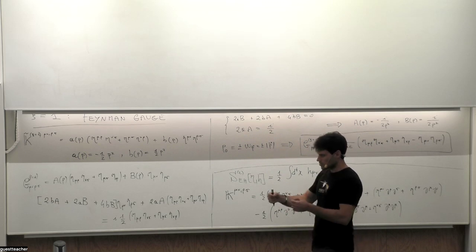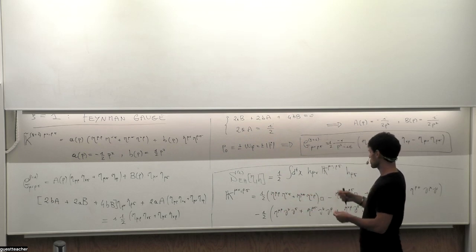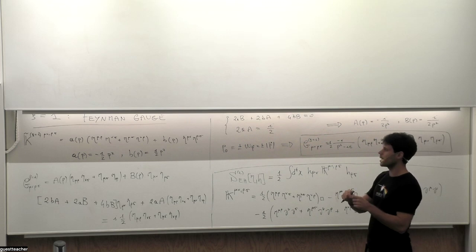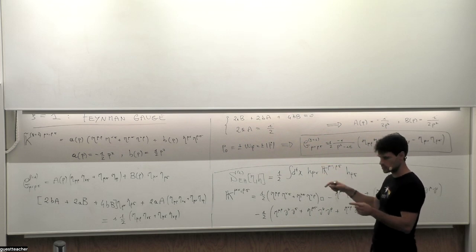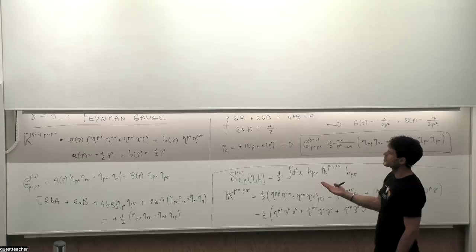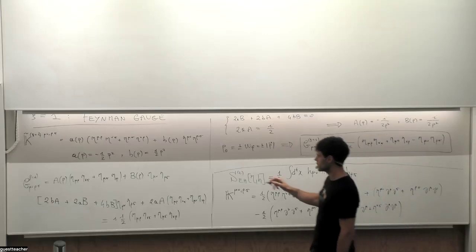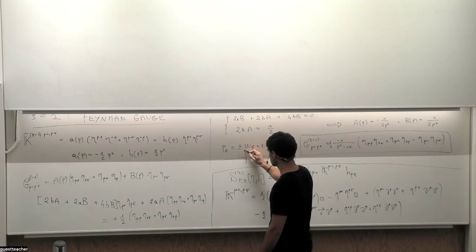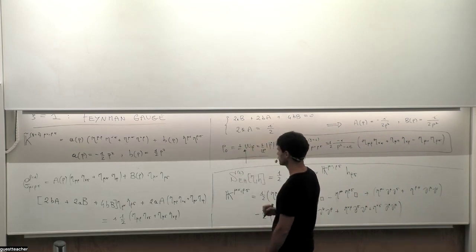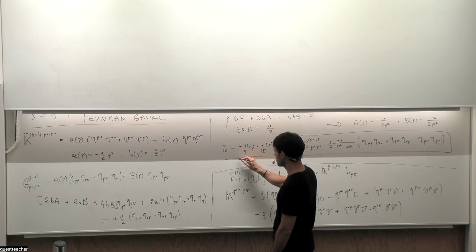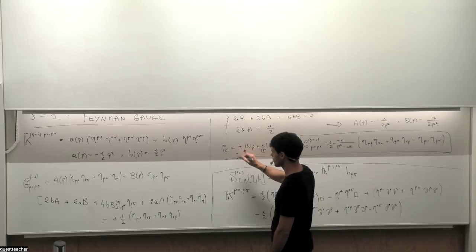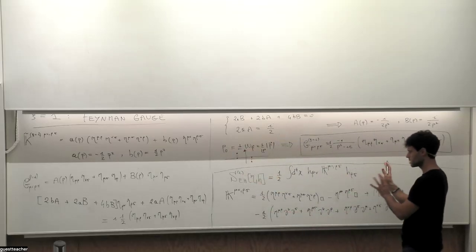To deal with this singularity when you Fourier transform and compute integrals, you have to tell how to overcome these singularities. The Feynman prescription tells you that if you have the complex plane in p0 and you have poles here and here, you shift one pole here and one pole there. That's the Feynman prescription.